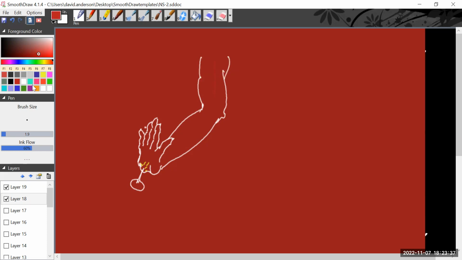So we're going to put in, whoops. And what we're going to do here is put in a muscle. And we're going to put in a muscle over on this side as well.